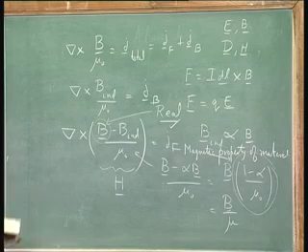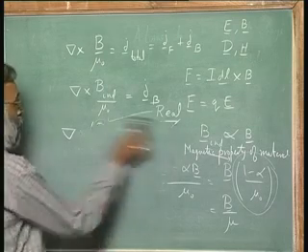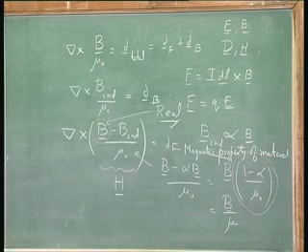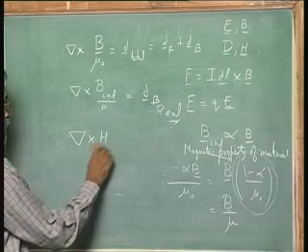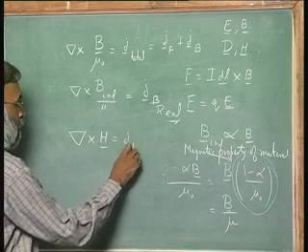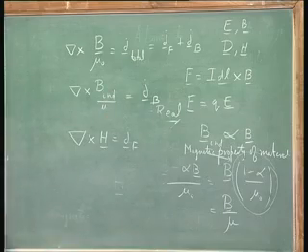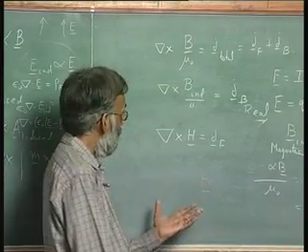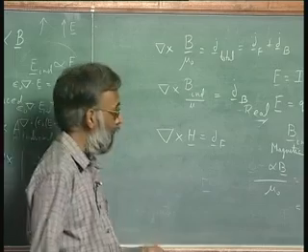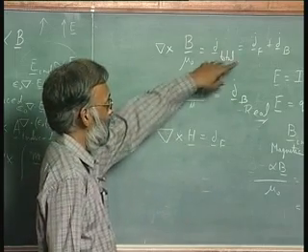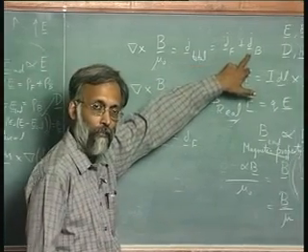and I get a simpler equation. The simpler equation I get is curl of H is equal to J free. So, despite the fact that I have a magnetic material, I no longer have to deal with the induced currents of the magnetic material.